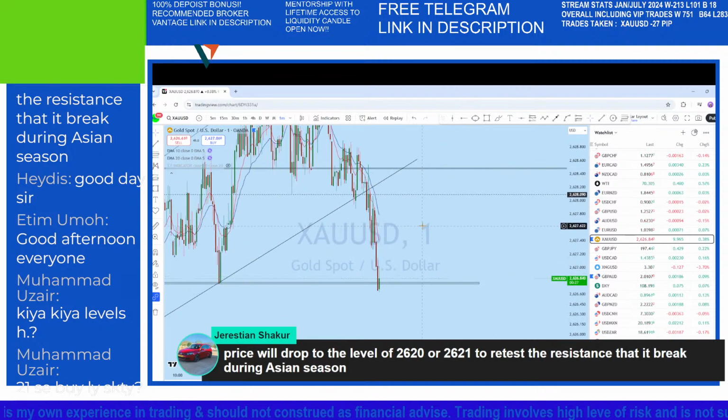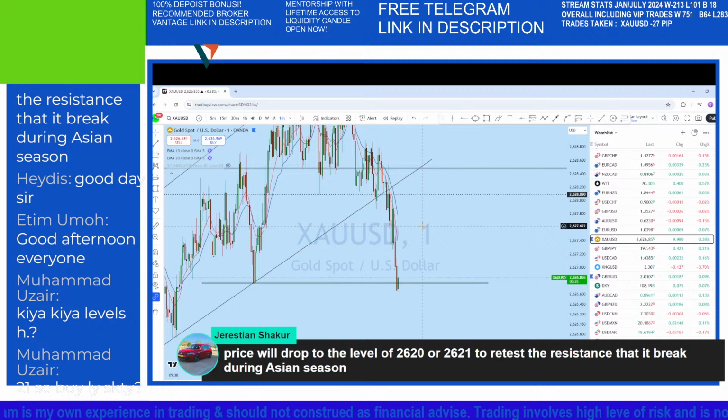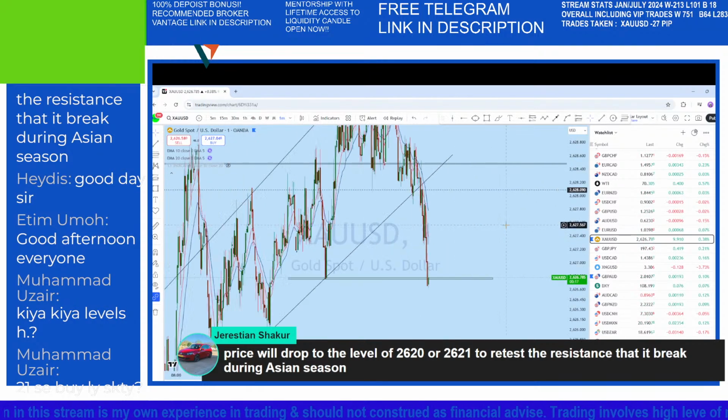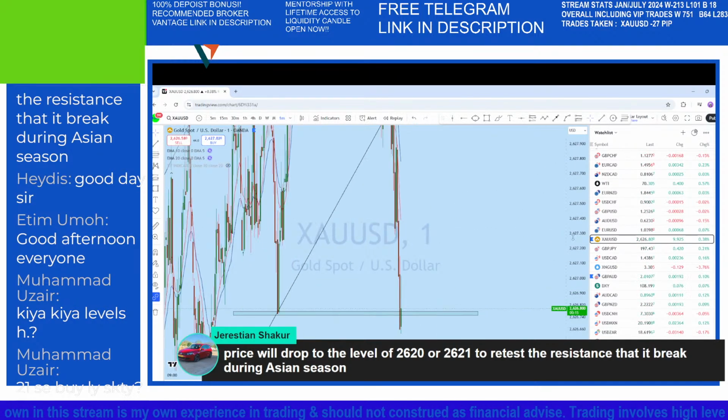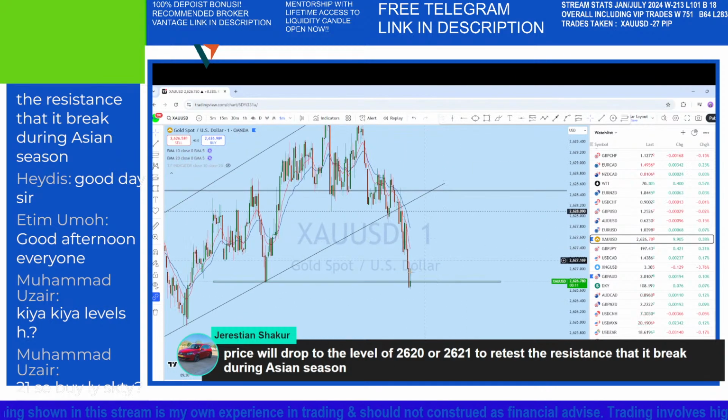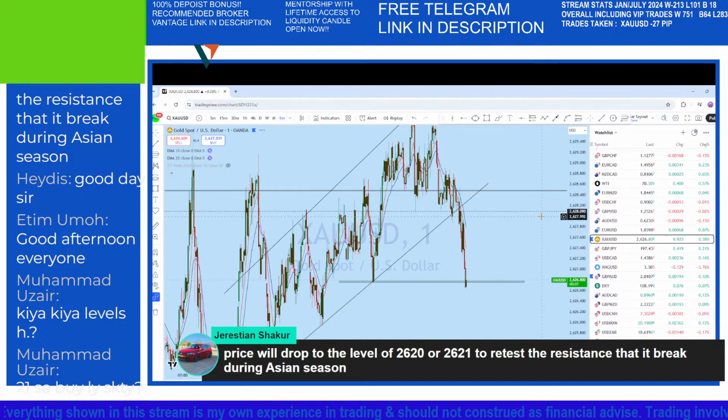Having said that, it's an important support level here, expecting it to return back to the upside.